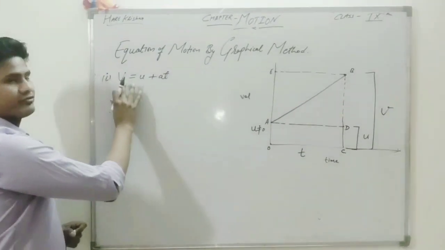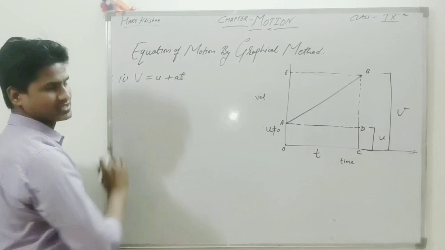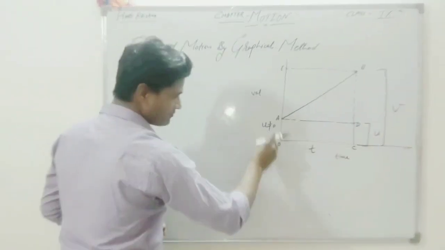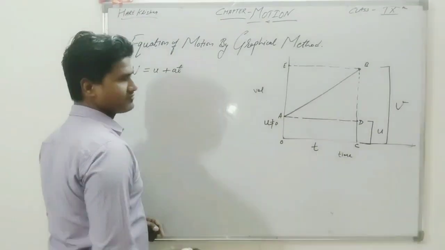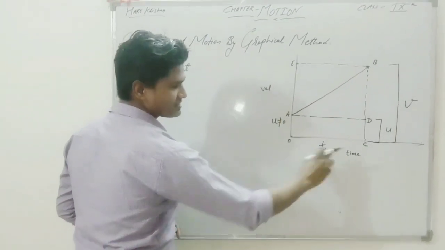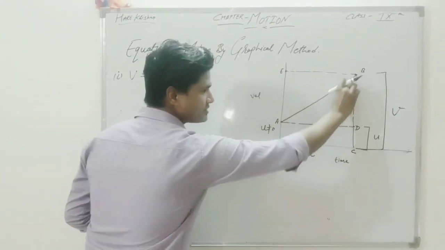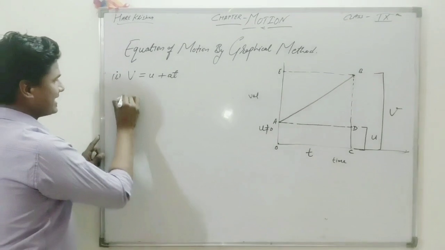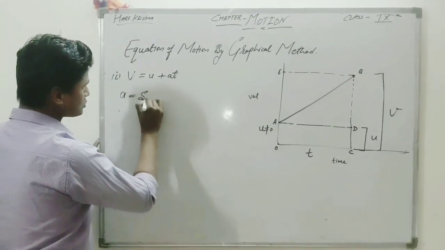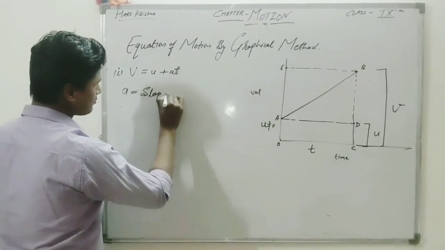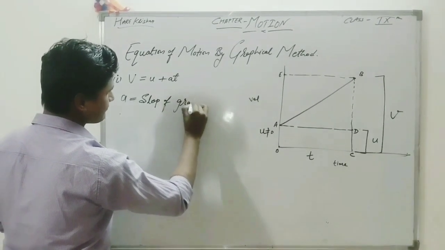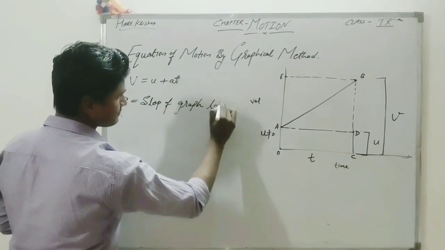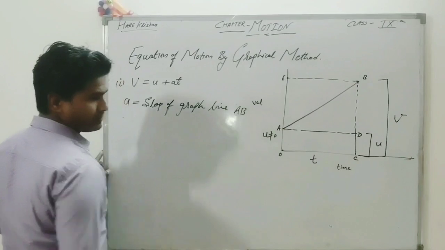Now we derive the first equation of motion, that is v is equal to u plus at. Students, if we have made the velocity time graph, if this line denotes velocity, if this line denotes time, then the graph denotes acceleration. So we can say acceleration is equal to the slope of graph line AB.